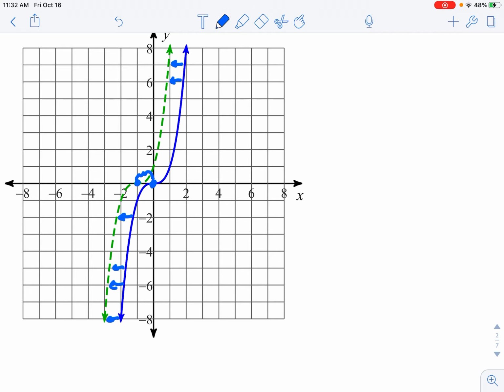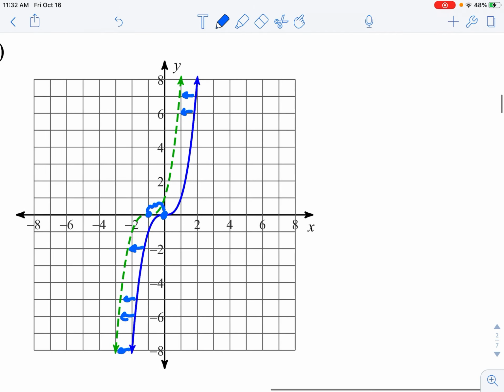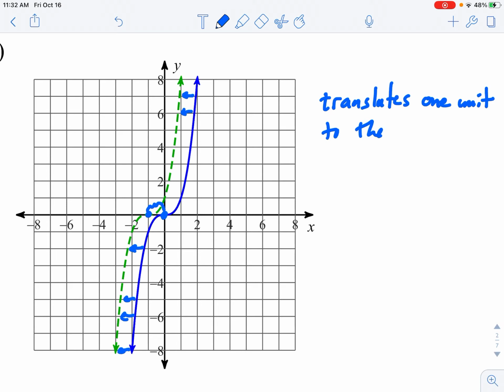So the proper way to explain the transformation is to say that this, if I could spell it right, translates 1 unit to the left. You may use the word slide, not side, slide 1 unit to the left.